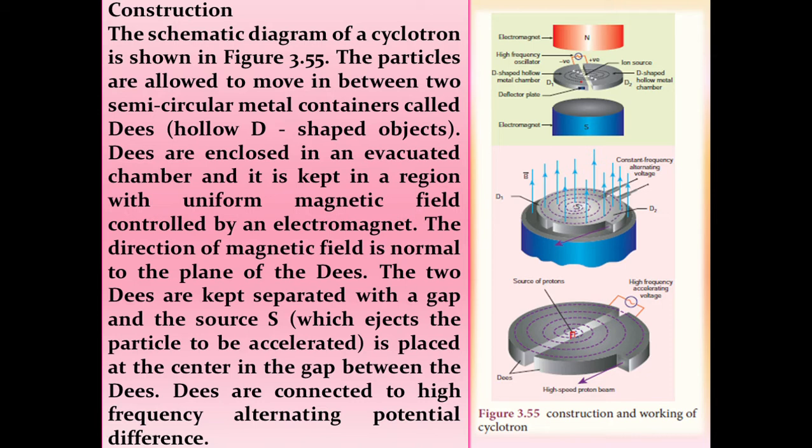Both the Ds are connected to a high frequency alternating potential difference. This is the construction of cyclotron.